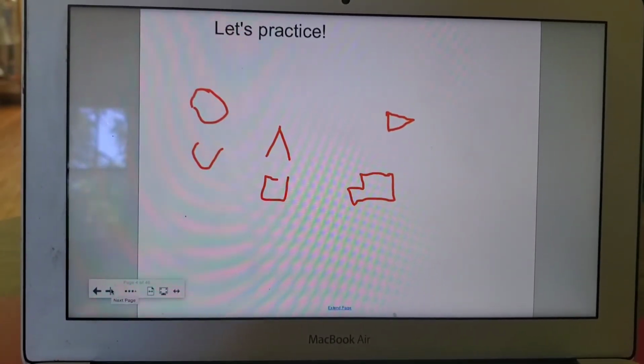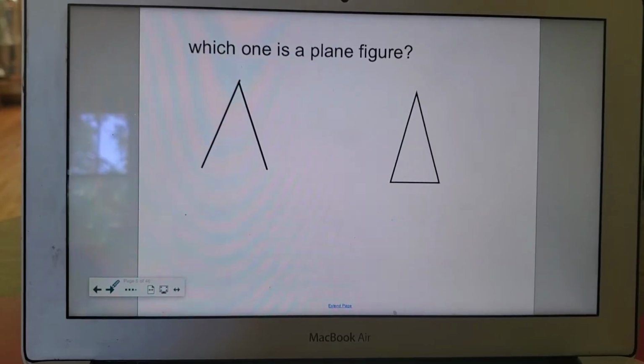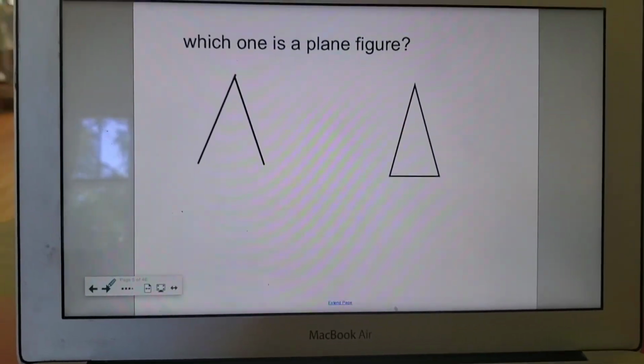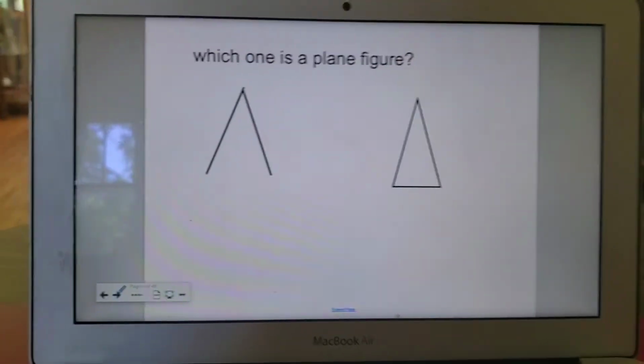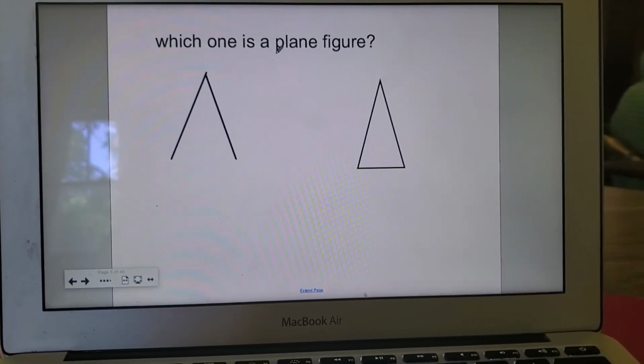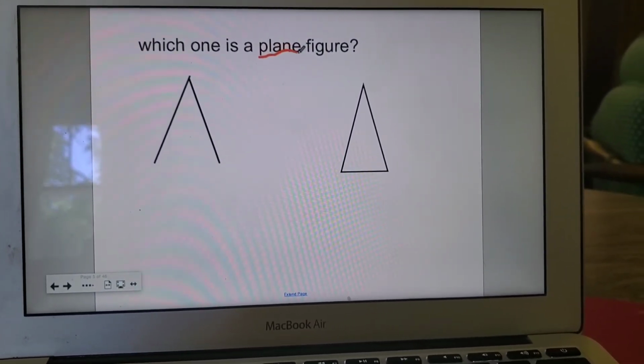Okay. So now let's move on to the next part. So now I have a question for you. Which one is a plane figure? And here's the word plane right here. So plane is another word for closed in math. Isn't that super cool? So if you hear me say a plane figure or a plane shape, you will know that it's a closed figure.